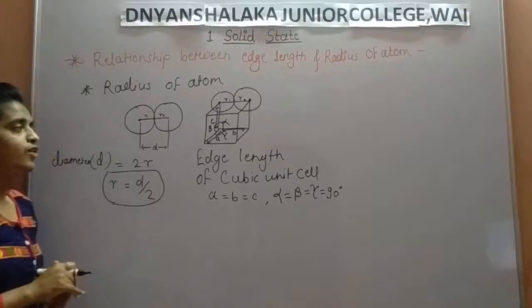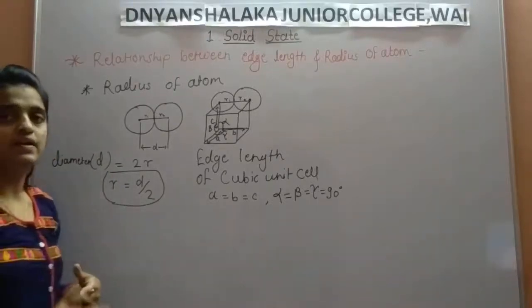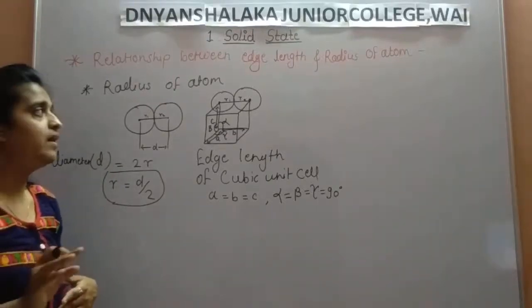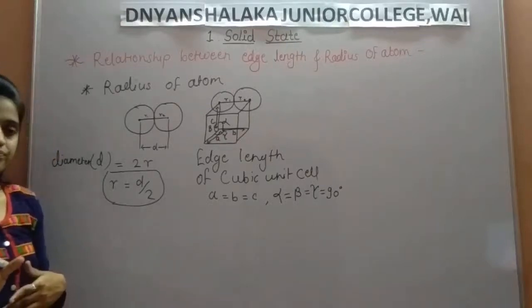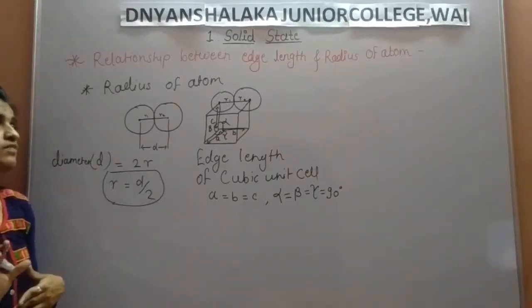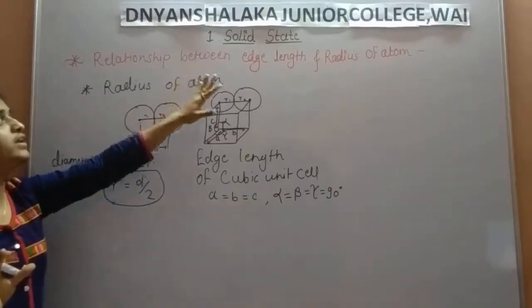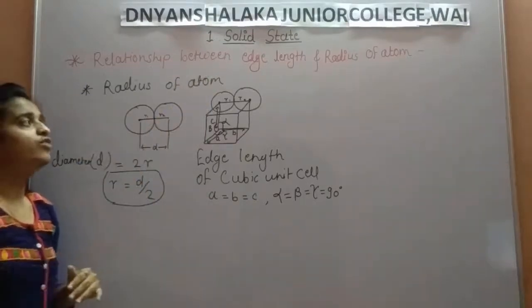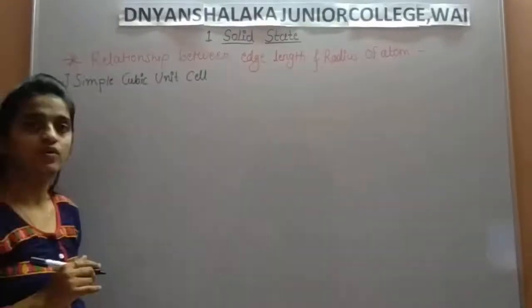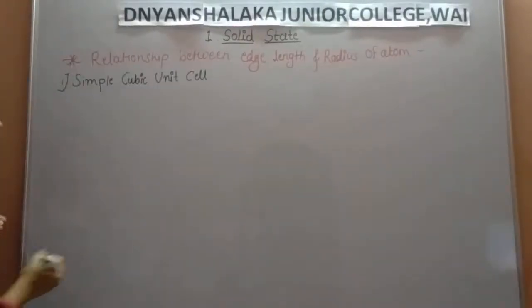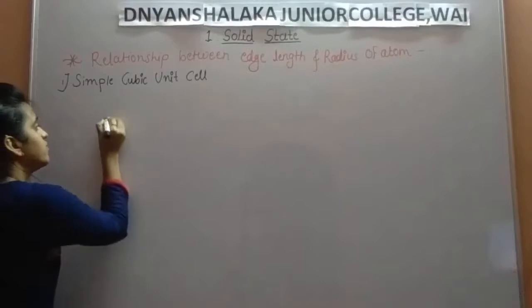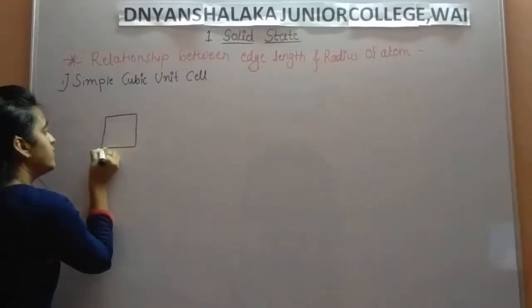We first find out the simple unit cell, body centered unit cell, and last the face centered unit cell. For these three types of unit cell, we find a relationship between edge length and radius of atom. So the first type is the simple unit cell. We consider first a crystal lattice, meaning a cube.